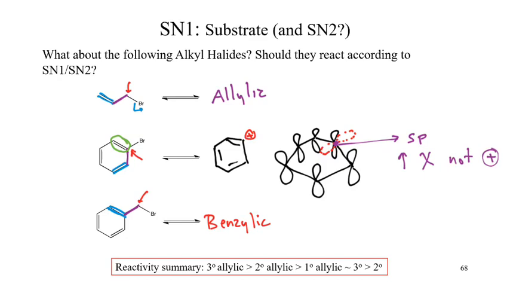Why does the electronegativity go up? Because the s character goes up as well. So it can't stabilize a positive, much like an oxygen. That means that structure can't form. And if that structure can't form, the bromine can't leave.